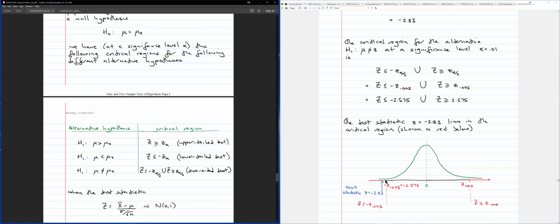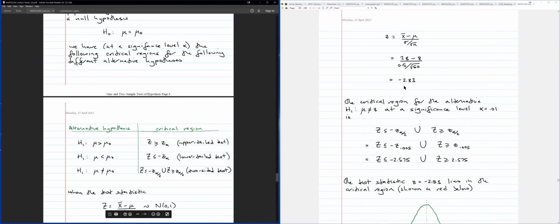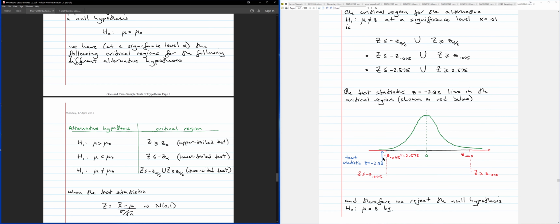And now I know what my rejection region is, right? Because I know what these Z values are now, right? This is 2.575 on this side, and this is minus 2.575 on this side, right? And the last thing you want to do is see if your test statistic, which is the minus 2.83, lies in your rejection region over here, right? And you want to notice what I have is minus 2.83, and that's actually less than minus 2.575, right?